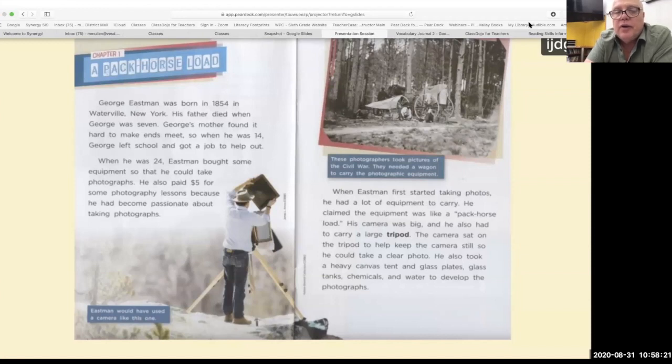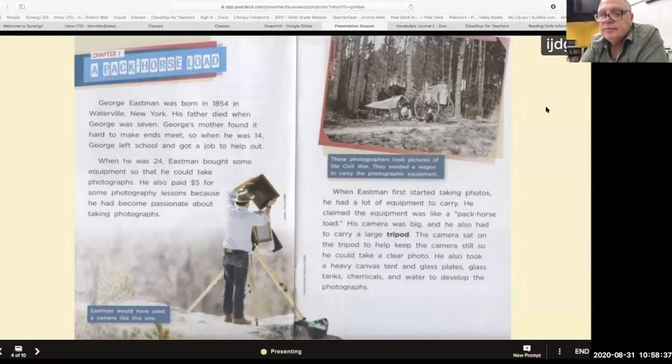When I say go, begin reading where it says George Eastman was born in 1854. Ready, begin, go. Read to yourself. You should be reading out loud to yourself. We're going to listen in to you.